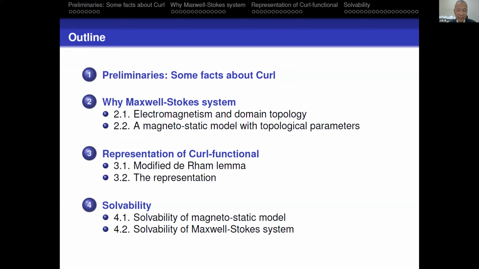In the third part, I will talk about the representation of the curl functional by using the modified Dirichlet lemma. And in the last part, I will discuss solvability of the magnetostatic model and a general Maxwell-Stokes system.